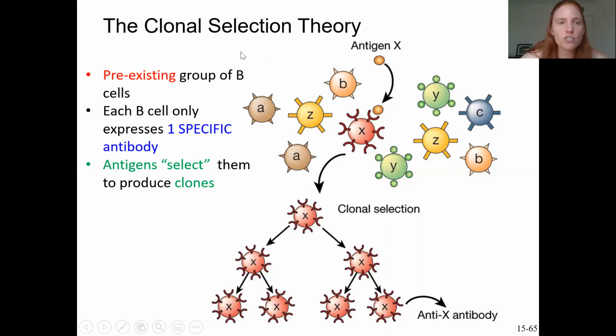Okay, so what does the word clone mean? It means a bunch of copies that are all the same. So once this X1, which is specific and can only bind to this antigen X, once it binds to it, that selects this particular B cell to start creating clones of itself. That's why it's called the clonal selection theory. It's selected to make clones.